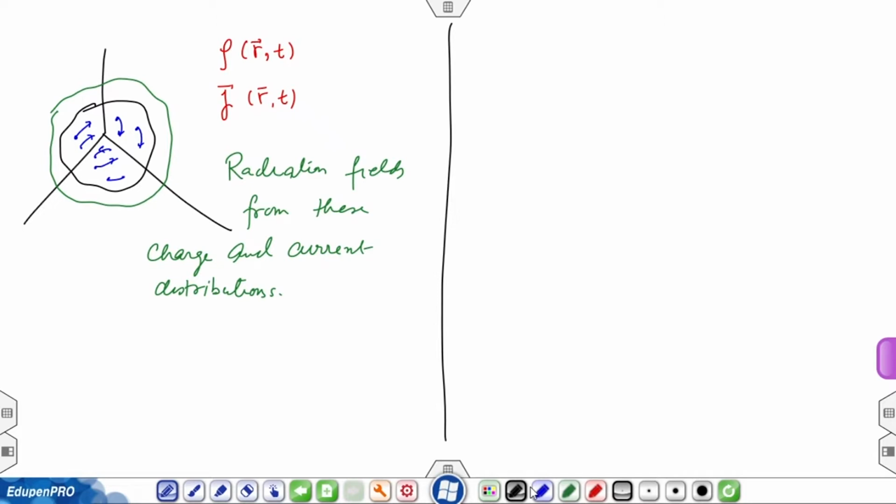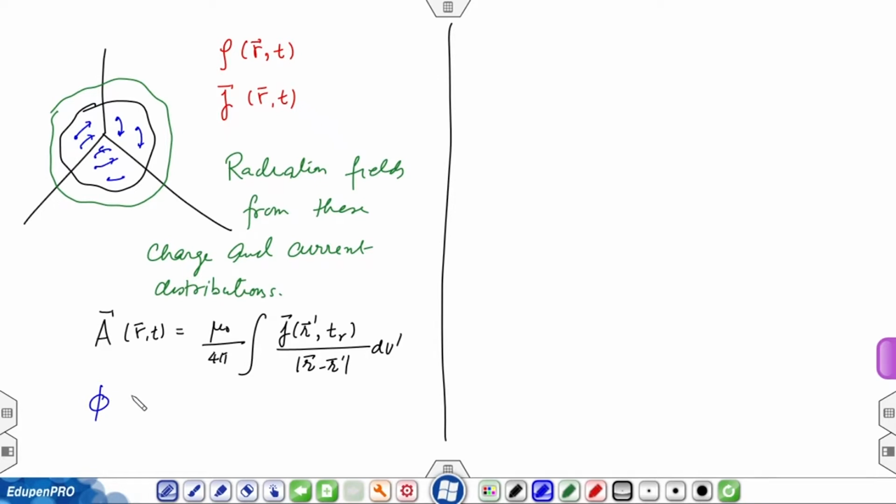So, as earlier, we are going to calculate the vector potential A r t, which is given as mu 0 over 4 pi integration J r prime comma t retarded over mod r minus r prime d v prime, and the electrostatic or the scalar potential phi r t, which is given as 1 over 4 pi epsilon 0 integration of rho r prime comma t retarded divided by mod r minus r prime d v prime.